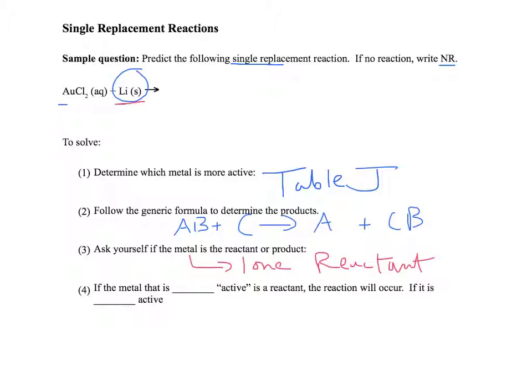If the metal that is more active is the reactant, then this reaction will occur. And if it is the less active, then no reaction.